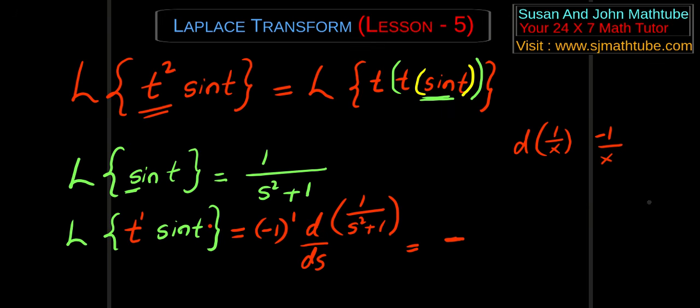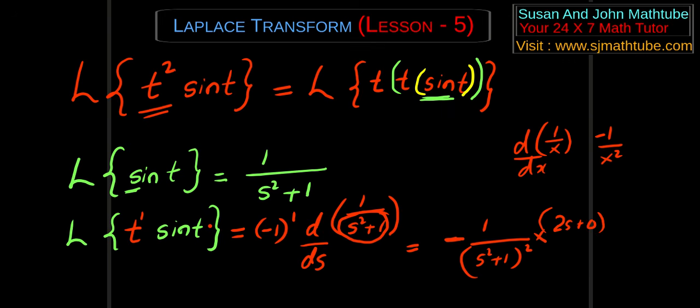So once more I'm asking, what is the derivative of 1 by x? Minus 1 by x square. So we are going to differentiate 1 by something. This is our smiley. So minus 1 by same thing squared, multiplied by 2s plus 0.